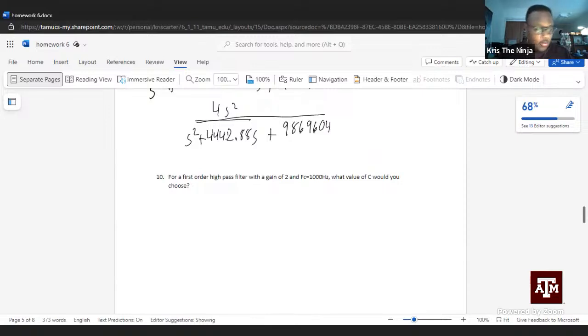I think it's still the same equation to find C. Doesn't really change all that much. So you would just do 10 over cutoff frequency. The gain is just really there to throw you off, I'm pretty sure.